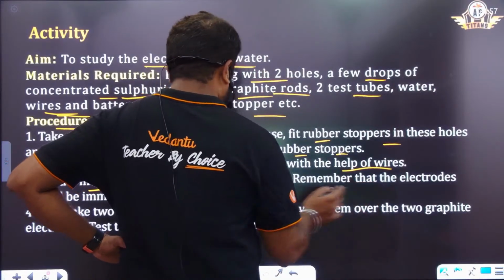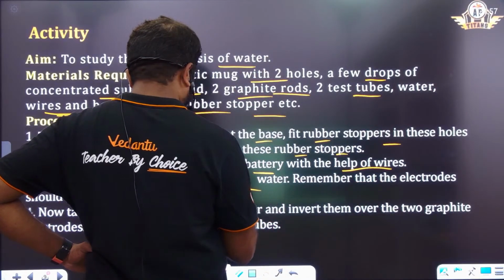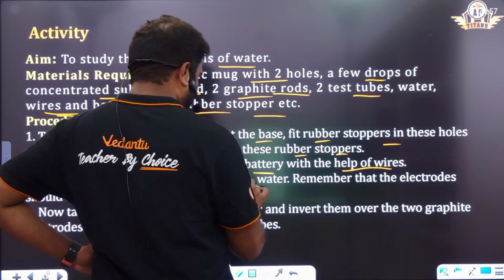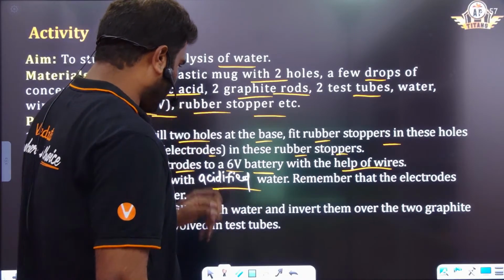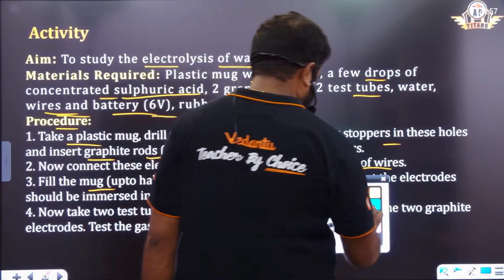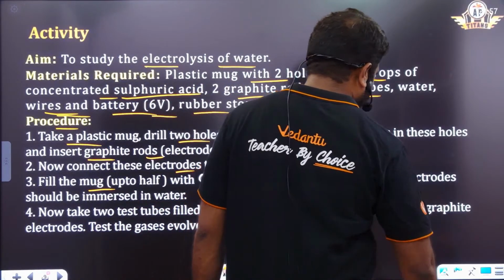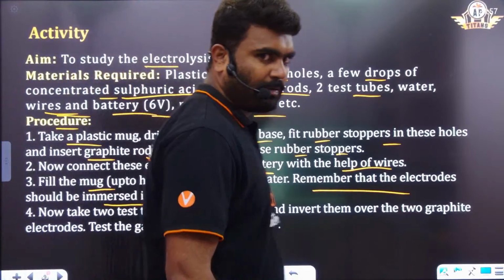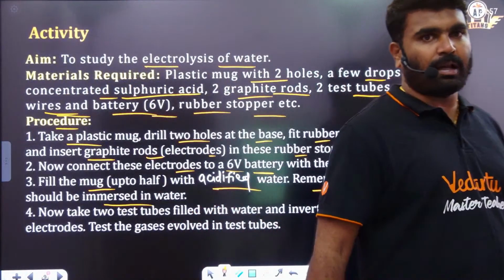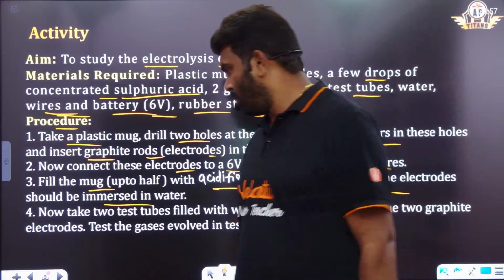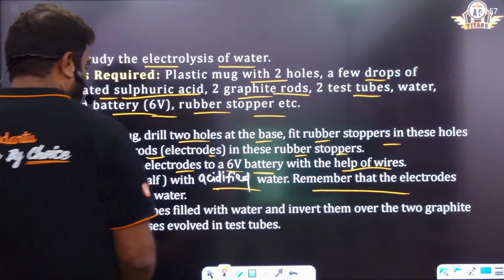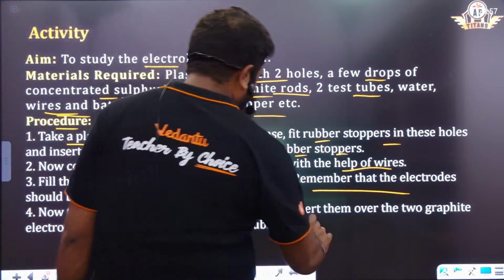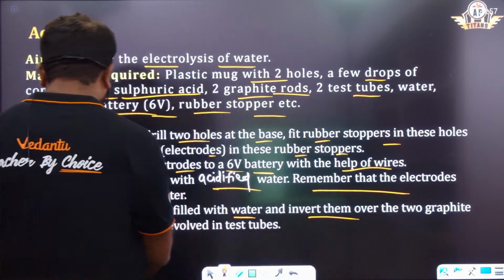Acidified water should be taken. Okay, then what should we do? Remember that the electrodes should be immersed in water. So we have to immerse the electrodes in water. Now take 2 test tubes filled with water and invert them over the 2 graphite electrodes.